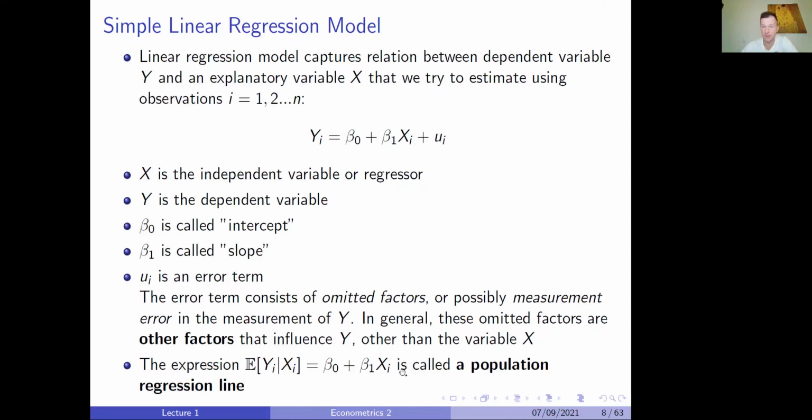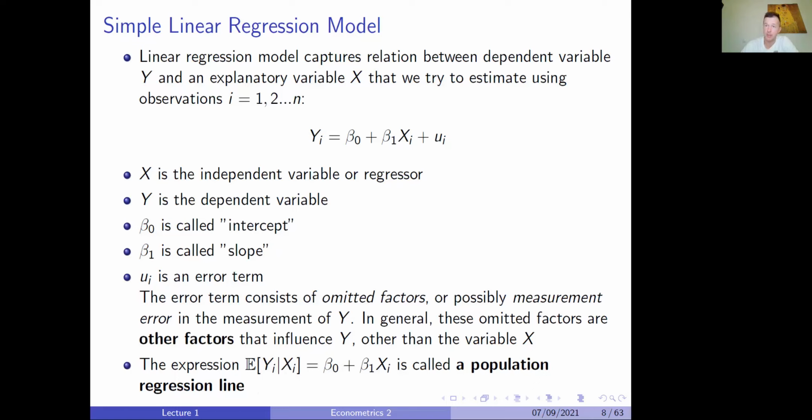And this part of the expression is the conditional expectation of y given x, which means that if I know x, I can calculate the expected value of y. What is the expected value of y? I refer you to the course of statistics, so you can watch it there.